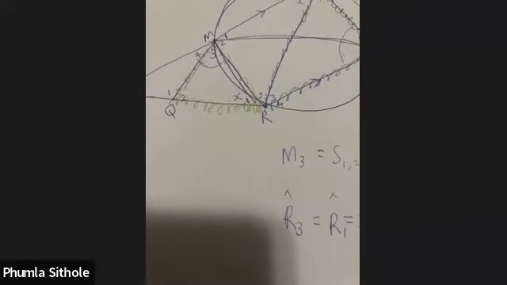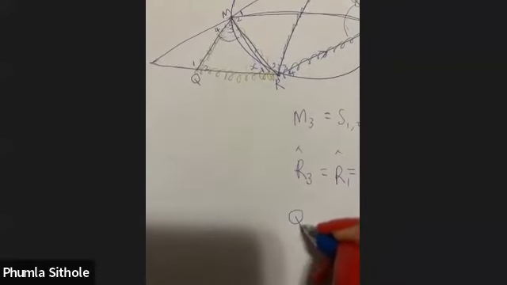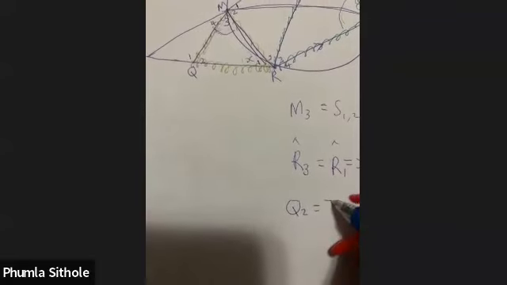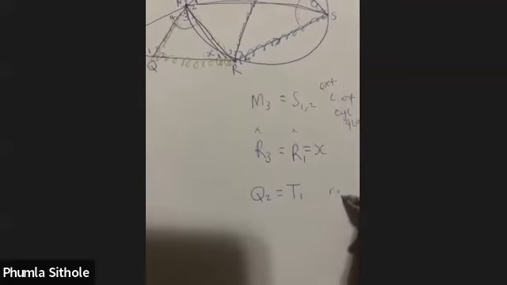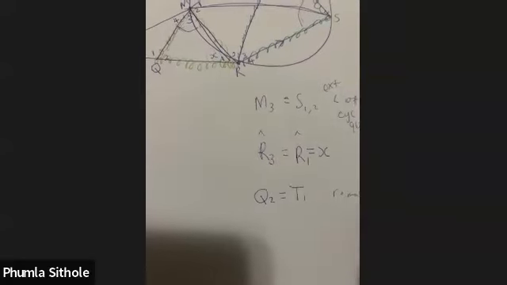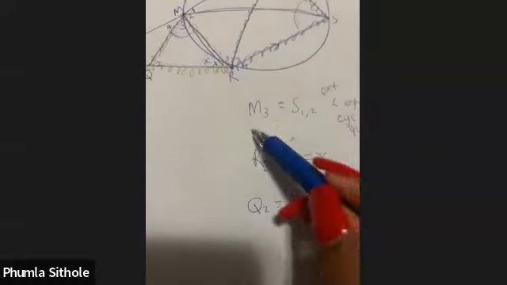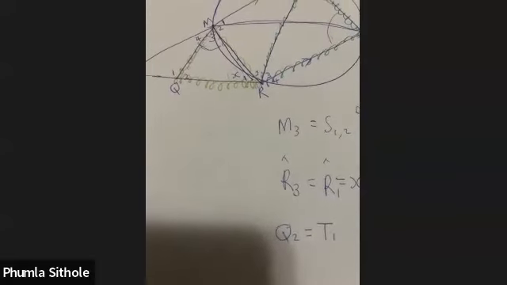Then the other one, we have Q2 is equal to T1. So it's more of a remaining angle. Do you understand? But you need to show that these angles you are saying are equal so that the triangles can be similar.